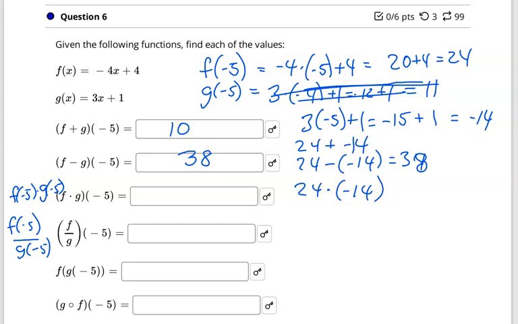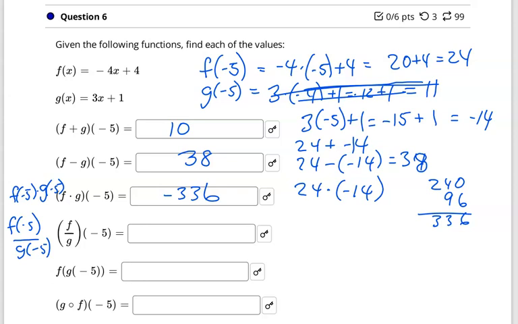Now let's make sure: 240 plus 96, 24 times 4, and that gives me 96. Carry 1, 336. So it's a negative 336.